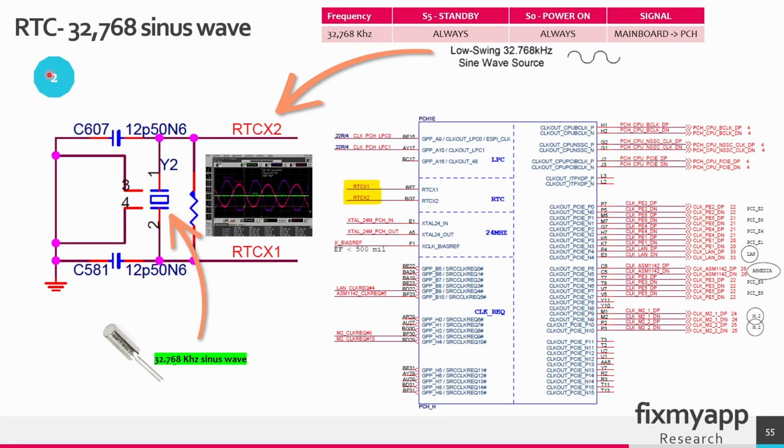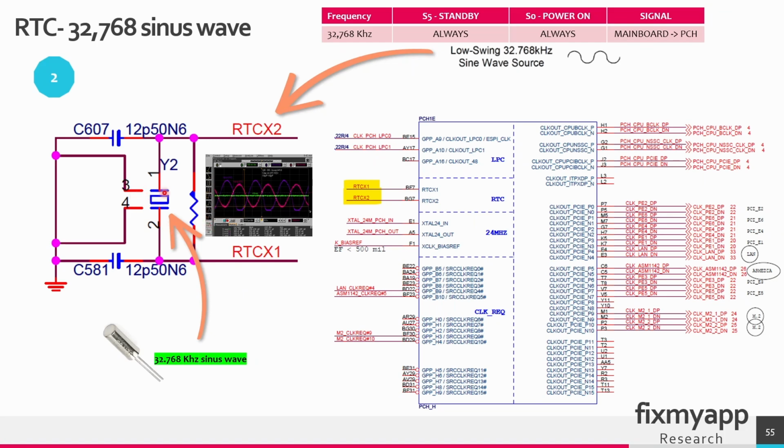In power sequence 2 we have to create a RTC frequency, and the frequency is 32.768 kHz. So this frequency has to be generated. The RTC power, the PCH oscillator circuit and the RTC crystal complete the RTC circuit. The RTC crystal is responsible for providing the oscillation or clock signal to the RTC chip, so in this case the PCH chip.